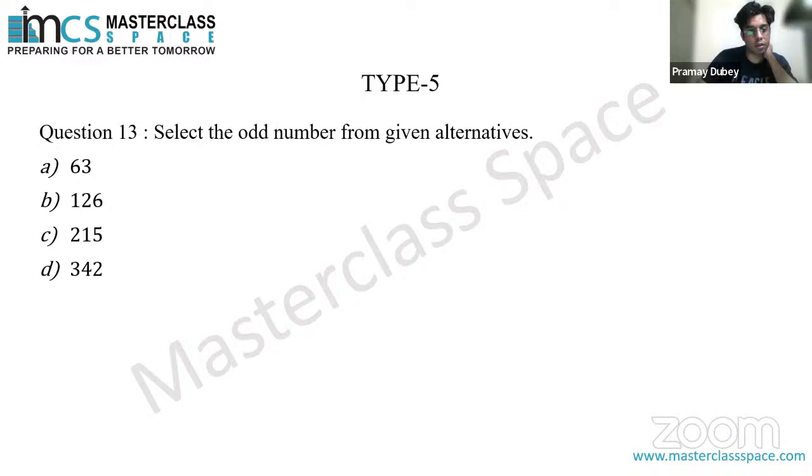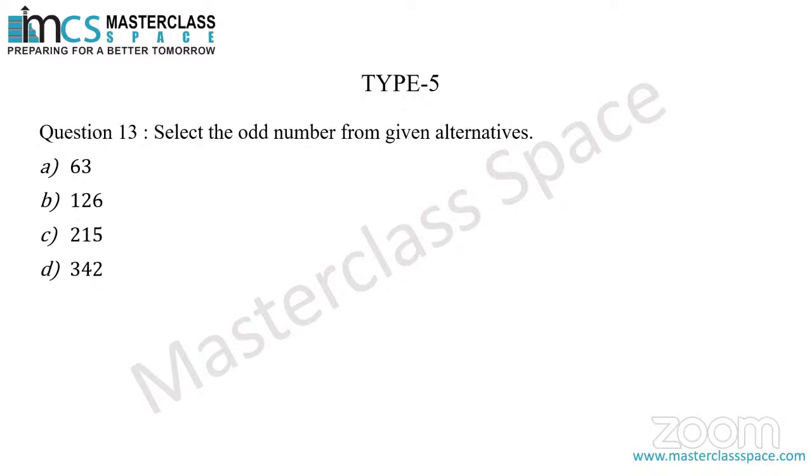Sir, is it C? Okay, let's see. Option B. May I please check your answer? Option B, someone has told. Sir, D. Option D, someone has told. Please check. B, sir.